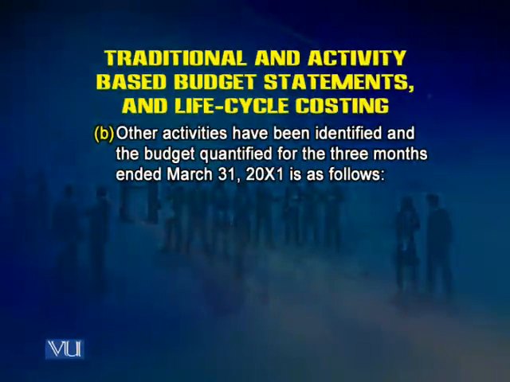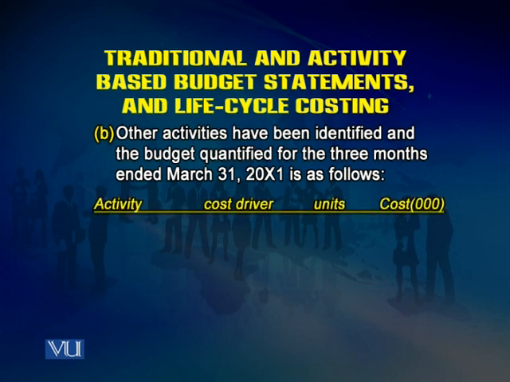Part B of that same example now says, other activities have been identified and the budget quantified for the 3 months ended 31st March 20X1 is as follows. Now we give a list of activities together with their cost driver and the units expected and the cost of those units.